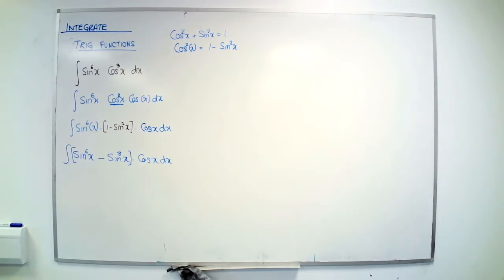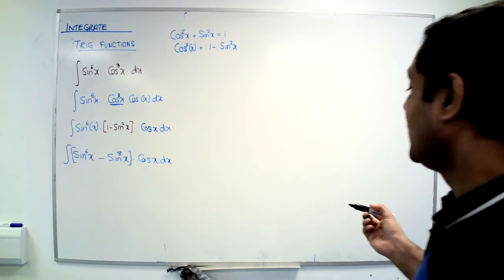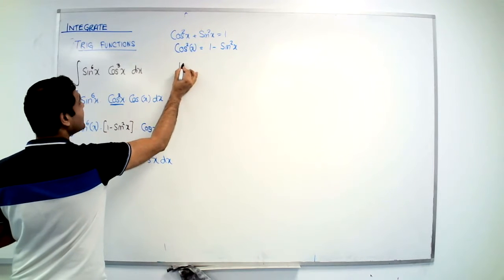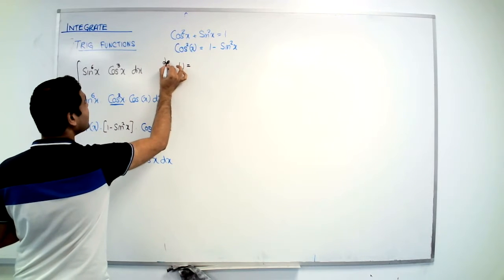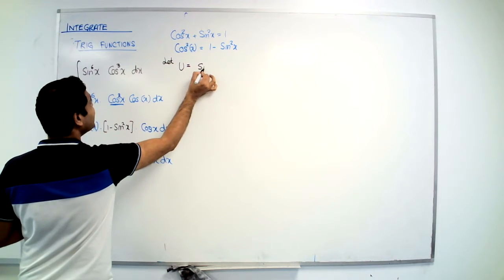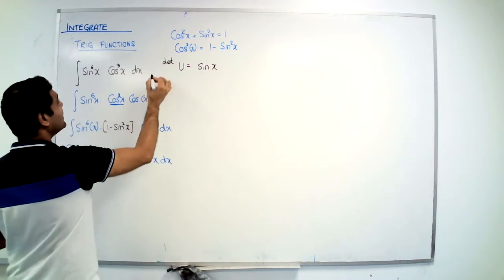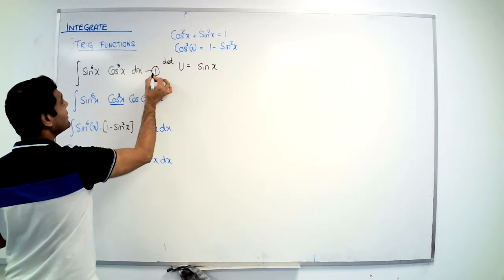Now I'm going to use a substitution. I will say u equals sine x. So this is my equation number 1.